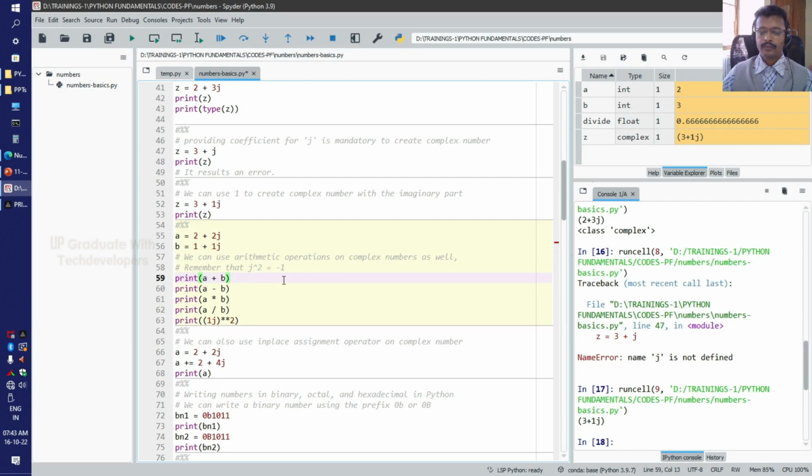When we square the imaginary term j, we will get the value as minus 1. The same thing will be applied here also. So let us do an addition first, A plus B. The real parts will be added separately and the imaginary parts will be added separately while adding the two complex numbers.